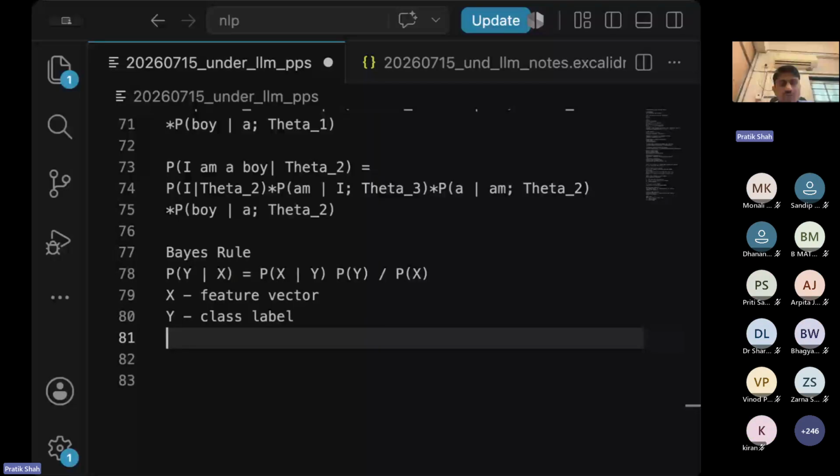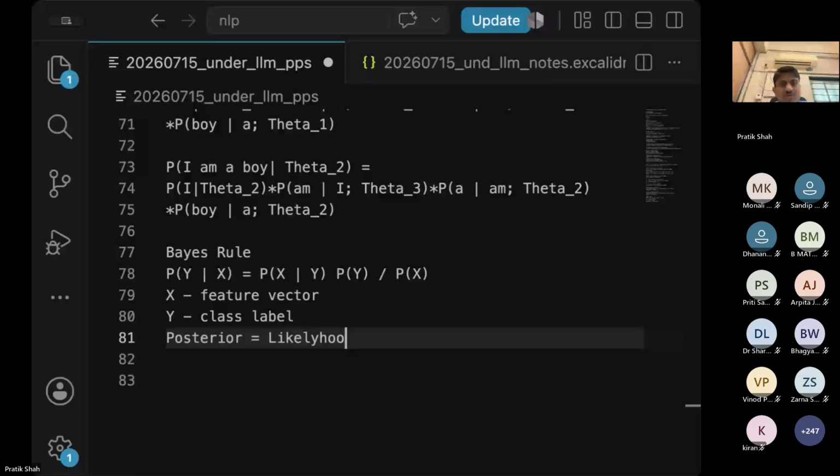And what do we do? We try to figure out this probability P of Y given X. This is called posterior probability. The right side, probability of X given Y, is called likelihood. How likely is it that I observe this feature vector given that it is a dog? So this is called likelihood.